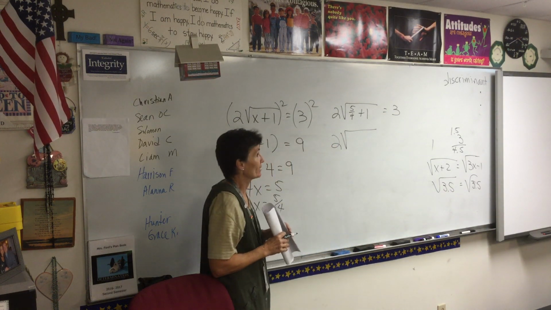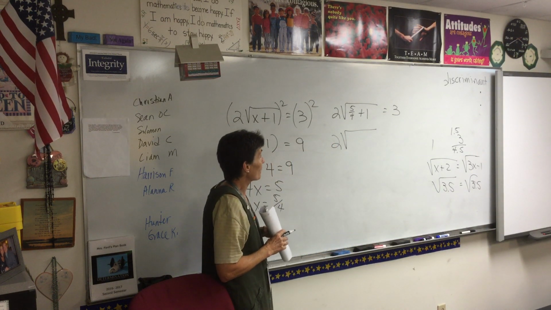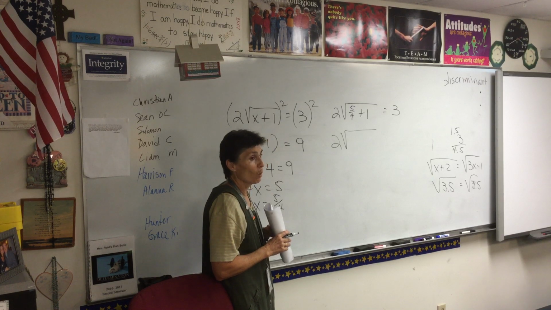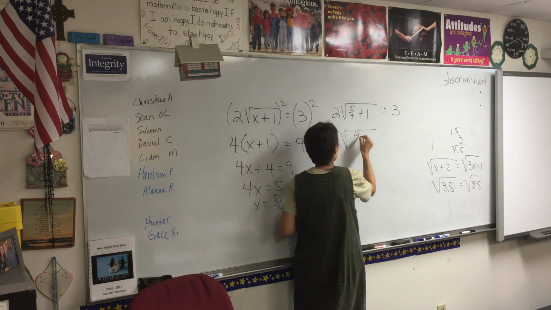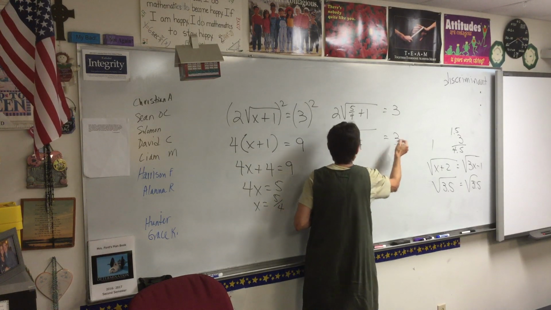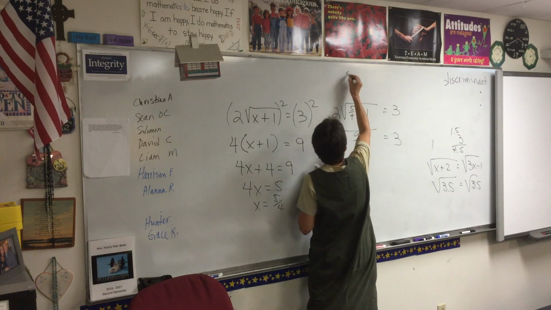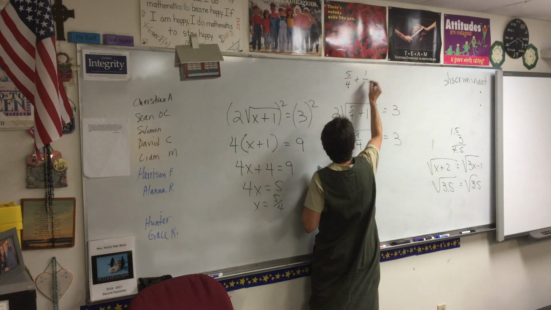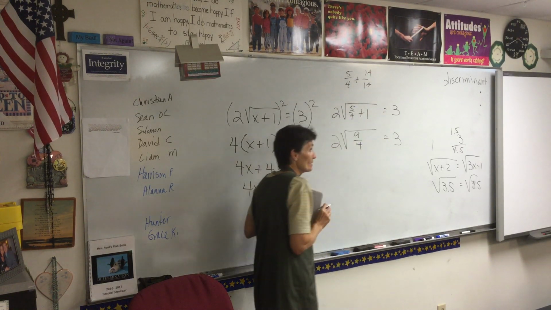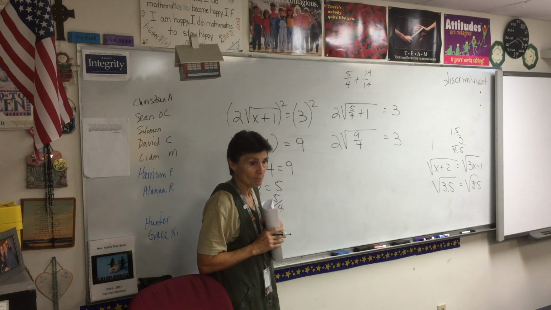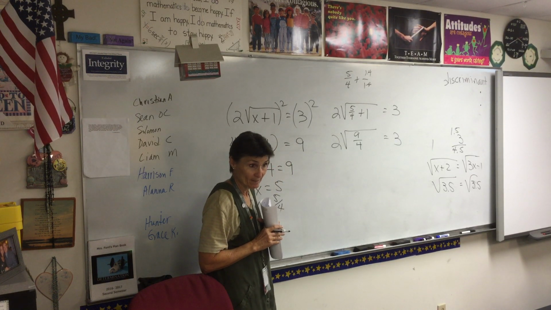If I don't have a calculator, it's probably easier. What's 5/4 plus 1? 9/4. Very good. For those of you wondering about that, don't we need a common denominator? Yeah. So that would be 5/4 plus 4/4.